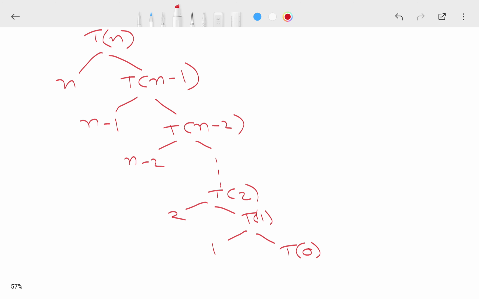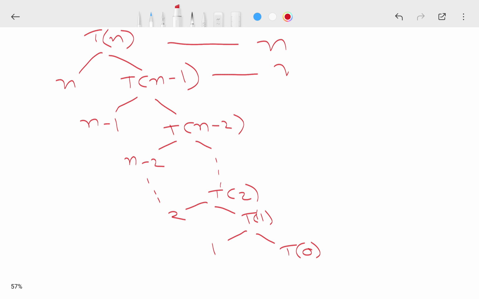In t of 0, the recursive function call will exit. It will not execute anything, so 0. In general, this t of n will execute for n time units.